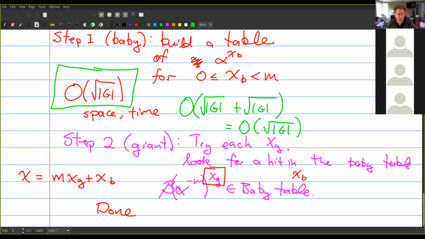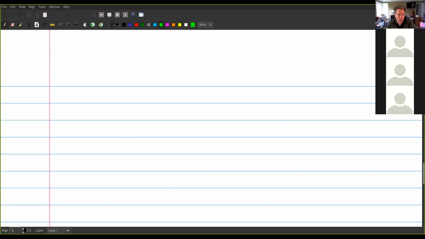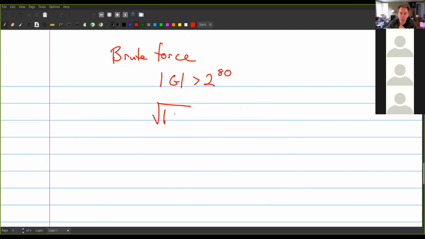So in terms of bits, with brute force, we had said that it was necessary that the cardinality of G was at least 2 to the 80. But what we've just found is that that's actually not adequate, because we can crack the discrete logarithm problem in time proportional to the square root of the cardinality of G. So we actually need this number to be bigger than 2 to the 80.